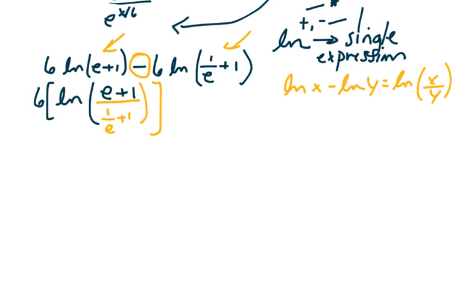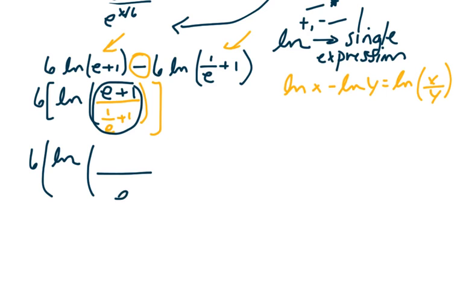And what you need to do here is combine the denominator under a common denominator. So I'm going to rewrite this bottom as 1 over e plus 1, and this is e plus 1, which is the same thing.